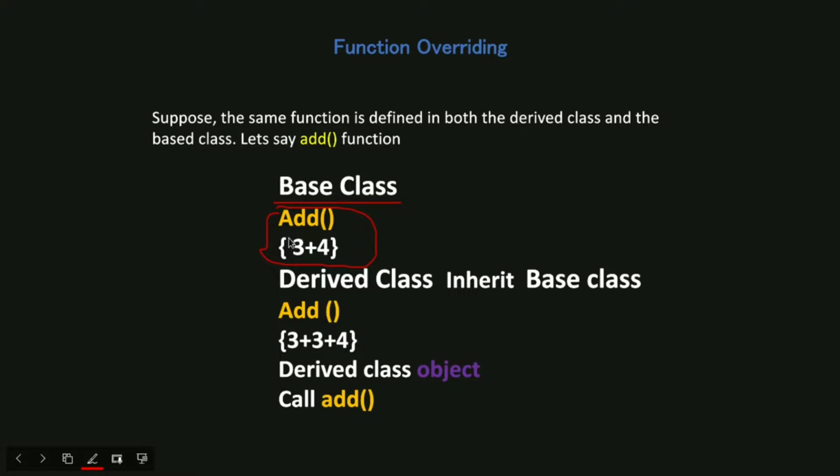We created a derived class and inherited the features of the base class, and we are again making the same name add. Here you can see add in both. We are adding 3 plus 4 and again adding 3, so a plus b. We are doing other things in this same function, and we made an object of the derived class and call add. Now this is actually the program of overriding.